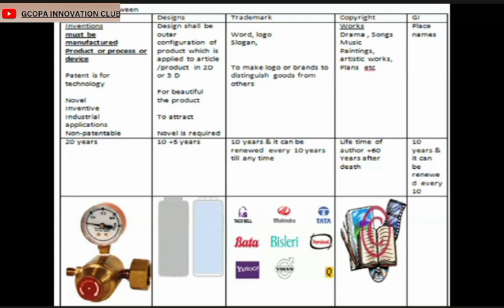Next is designs. It is all about the outer configuration of the product, wherein you can beautify the product, attract customers through the unique design. Initially 10 years and beyond that 5 years is the period of protection of designs. Trademark and GI have the same period of protection, that is 10 years initially and it can be renewed in every 10 years subsequently.